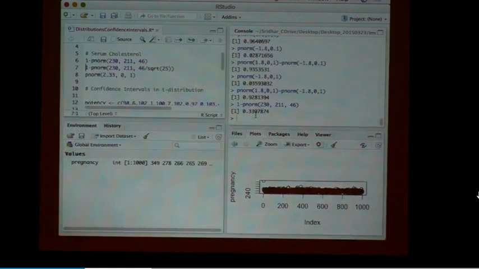1 in 3 people among those 20 to 74-year-old males will have a serum cholesterol level of more than 230. That's what this is telling me. 1 in 3 people. Now the second one was the sample, and that says 2%.